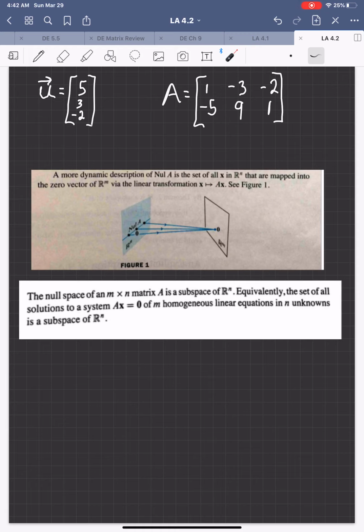That is important because that means that we can make a statement that a null space is itself a vector space. Remember we said in the previous video that all subspaces are themselves vector spaces. So if the null space is a subspace, then we can also classify it as a vector space.